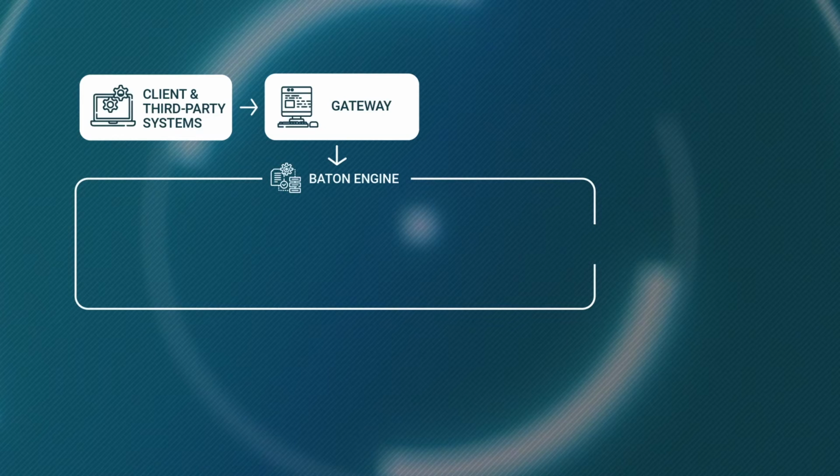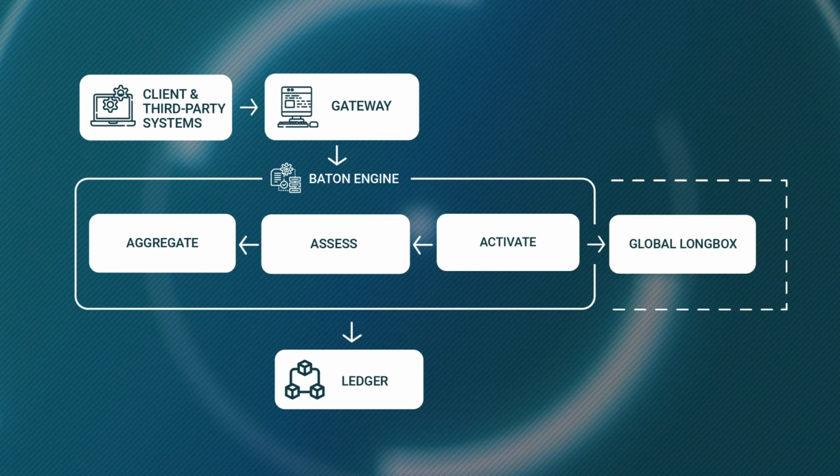Now, going over to discuss a little bit some of the other higher level components. We talked about the gateway component already and the ledger. Some of the other services that the Baton platform has is a way of aggregating the trades or events that are coming in, and then having a rule engine to assess exactly what the state is.